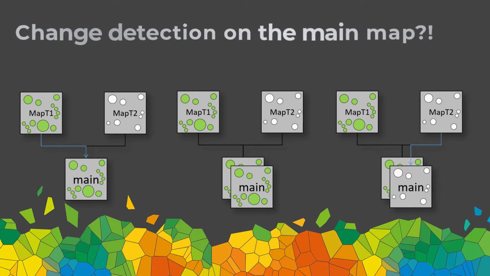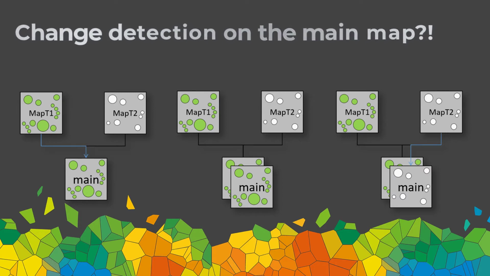So we're going to first synchronize map T1 to the main map. So we have the results of the T1 classification on the main map. Then we need to copy the image object level on the main map and, in the third step, synchronize the results of the T2 classification onto the second level on the main map.